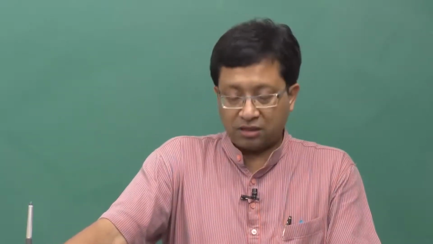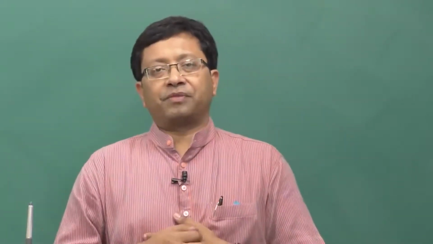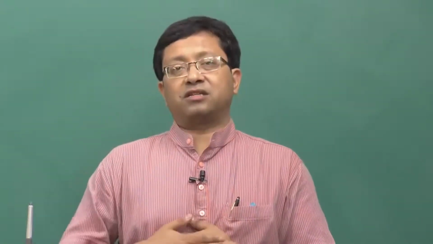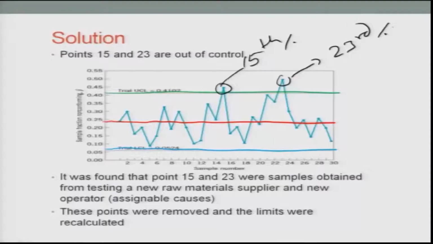It was found that points 15 and 23 were samples obtained from testing new raw materials. That means if new raw materials have come, maybe the moisture content is more, maybe the density is more, maybe the specific gravity has changed, maybe the tensile strength is different. Based on that, there may be reasons why the 15th and 23rd readings were out of control. So, let us continue reading it.